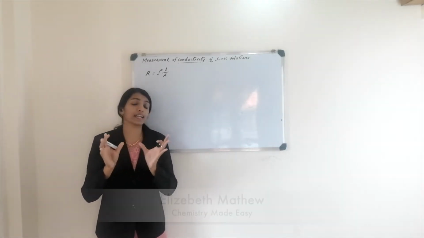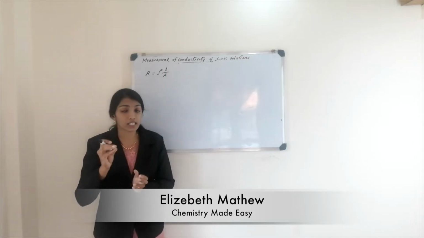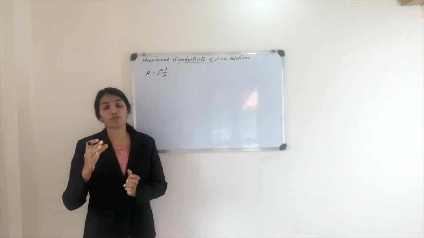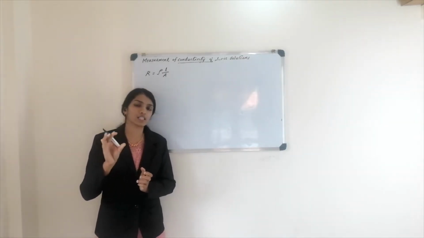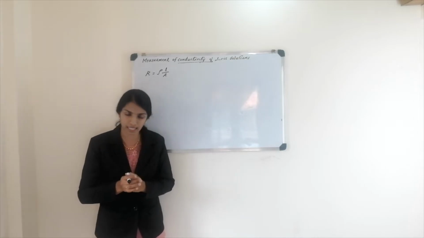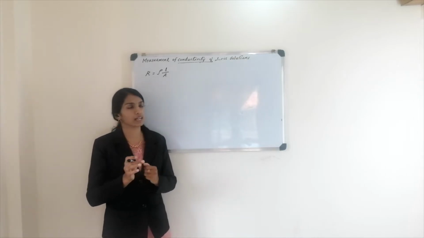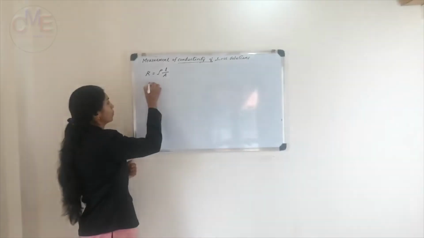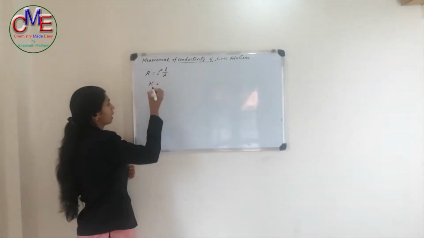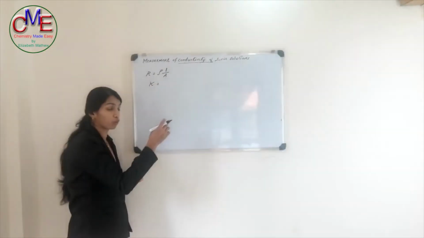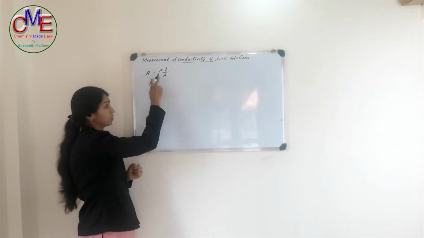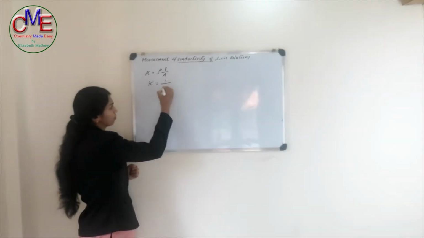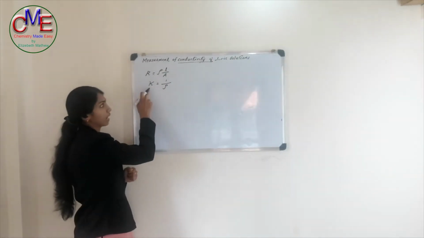Then what is conductivity? Conductivity is the reciprocal of resistivity, and it is symbolically represented by the Greek letter kappa. So the conductivity kappa is the reciprocal of the resistivity. Rho is the resistivity, so 1 by rho is conductivity.